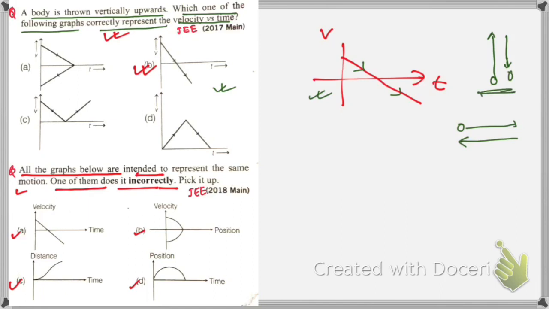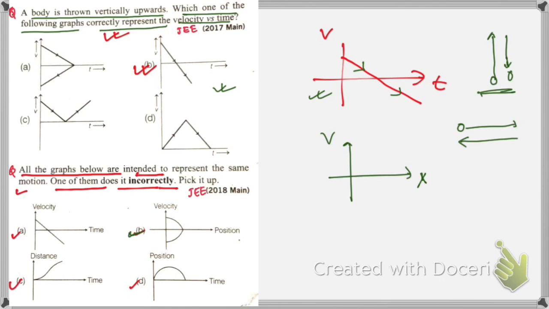So now you see, the next graph is given, the velocity and position graph. Let me check whether it is correct or not. Here you can see this is velocity and position, this is x, this is v, right?